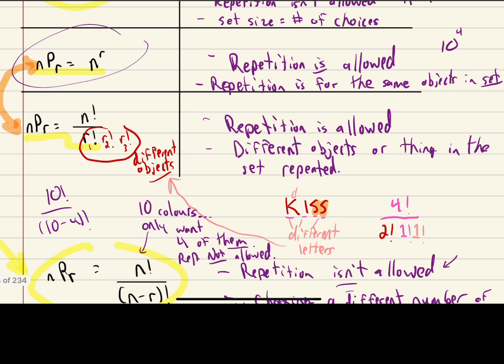If repetition is allowed and you're repeating the same type of object within a set, then you could use this formula. And if you have different objects in the set, or different letters, different numbers, etc., and repetition is allowed, then you're going to use this formula here. So like the word kiss, where we had different letters inside that set of 4.